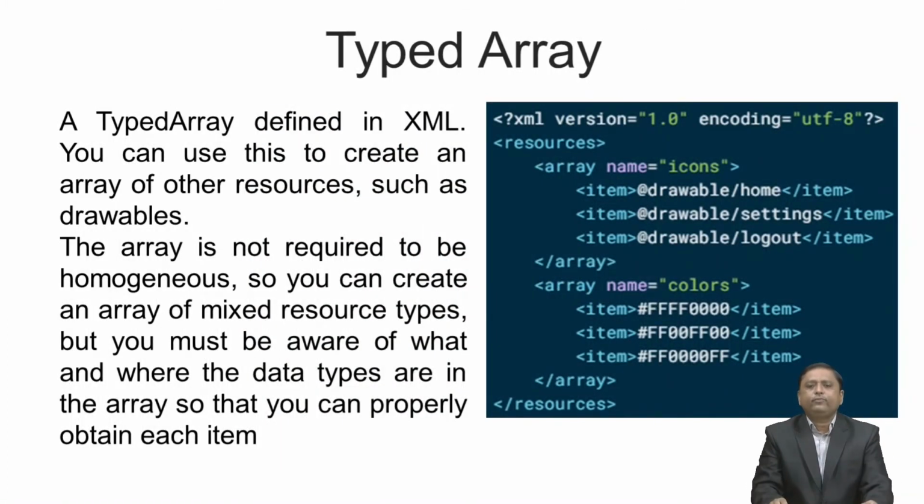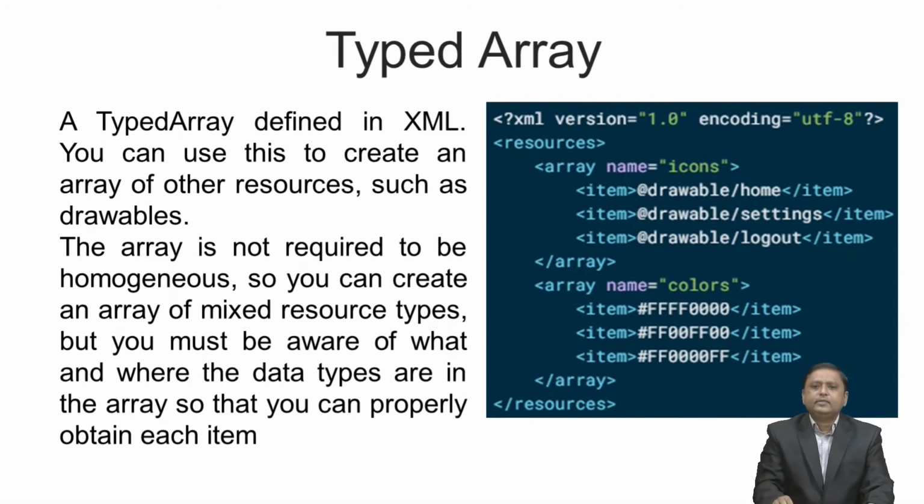The next type of resource is typed array. Here a typed array is defined in XML like other resources. You can use these to create an array of other resources such as drawable. The array is not required to be homogeneous. It means it may be of different types also. So, you can create an array of mixed resource types. You must be aware of what and where the data types are in the array, so that you can properly obtain each item.